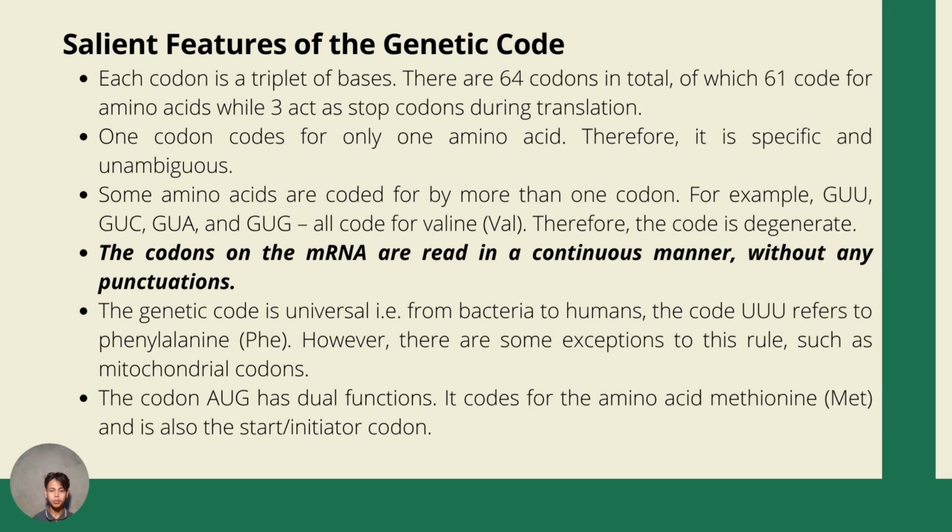However, there are some exceptions to these rules, such as mitochondrial codons. So, ito din, the codon AUG, alam na natin to, has dual function. Nagko-code siya for amino acid methionine and at the same time, nagiging starting or initiator codon din siya.